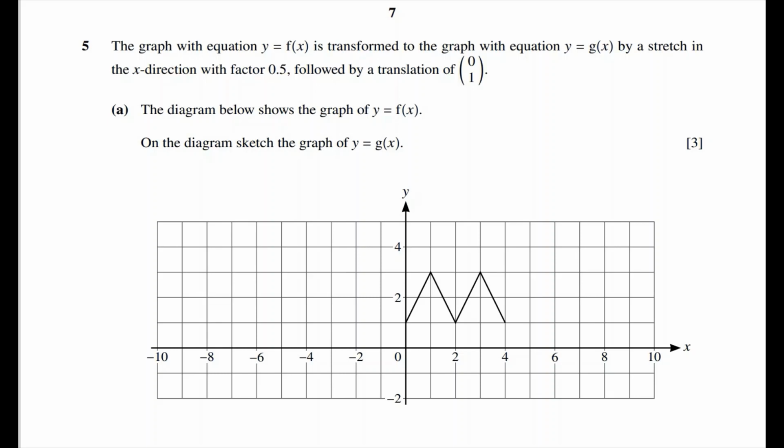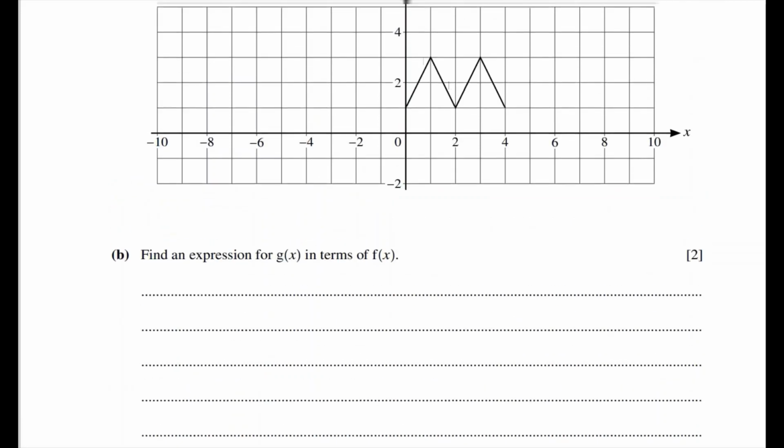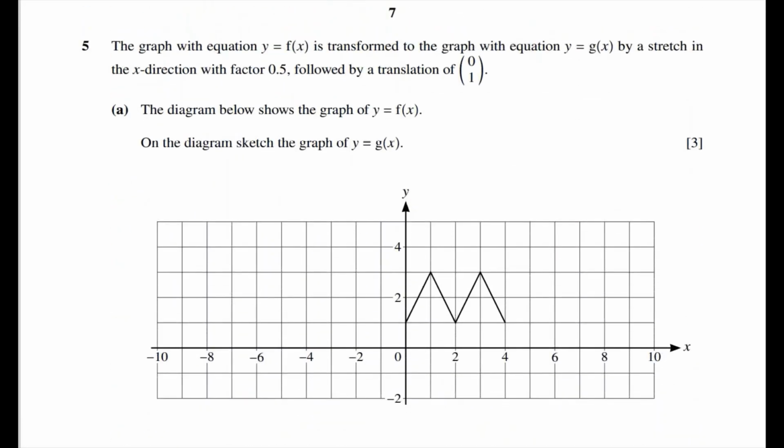On the diagram, sketch the graph of y is equal to g of x. So let's draw the diagram. First transformation is the stretching in the x direction with a factor of 0.5.